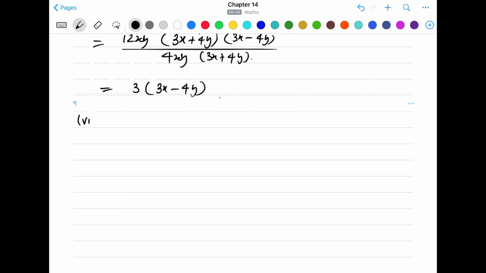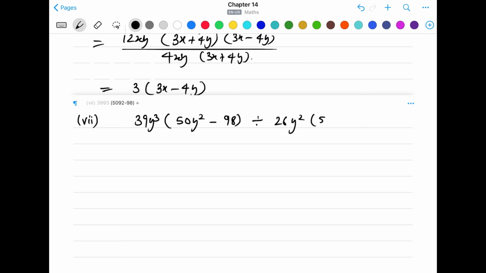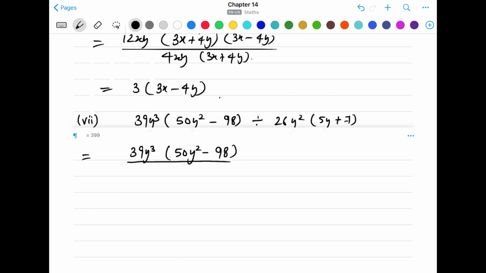Let's see part 7, the last part of question number 5 of this exercise. We have 39y cube multiplied by 50y square minus 98 divided by 26y square into 5y plus 7. Let's write them in division form. We have 39y cube into 50y square minus 98, which is to be divided by 26y square into 5y plus 7.